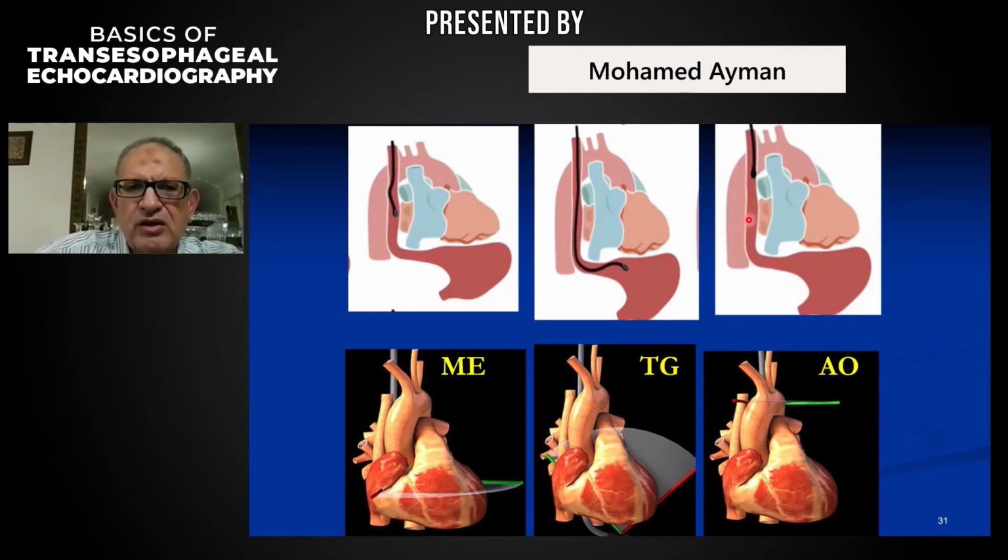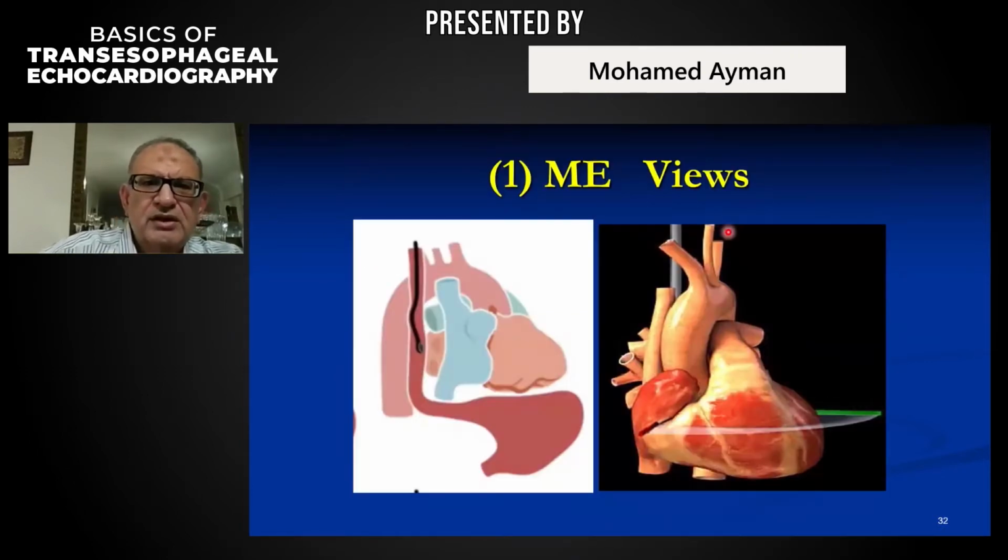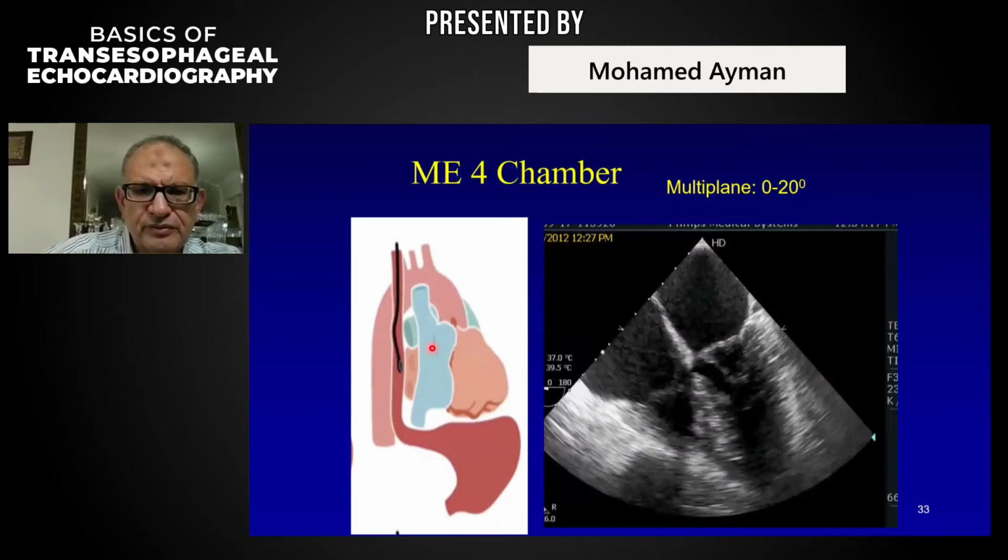And here you are going to see the descending thoracic aorta. So aortic positions are actually two: the aortic arch in the upper esophageal and the descending aorta in the mid-esophageal views. Starting with the mid-esophageal views here in the middle of the esophagus.